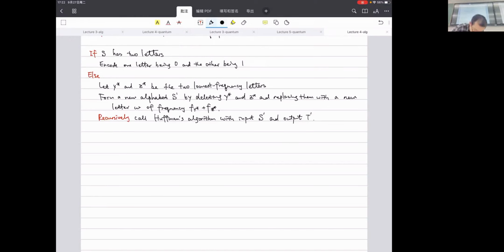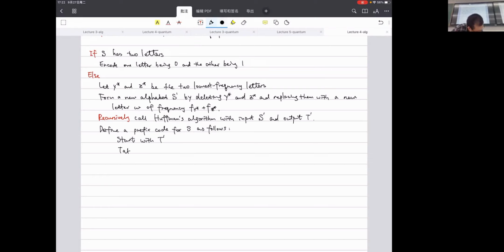Using this recursive call of Huffman's algorithm, we can define a prefix code of S as follows. We start with T prime.